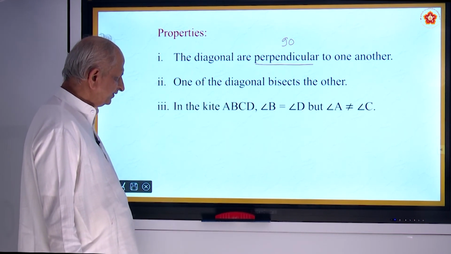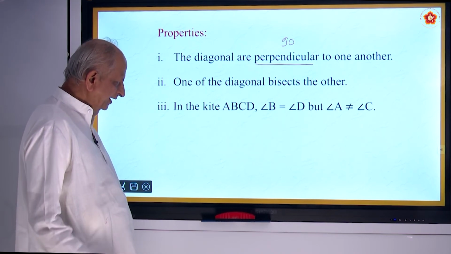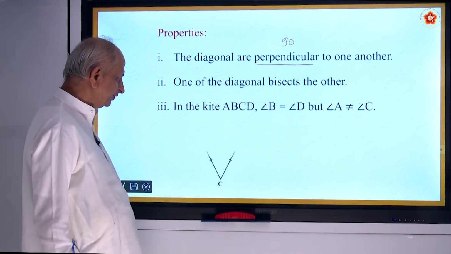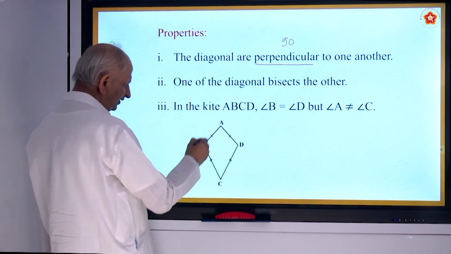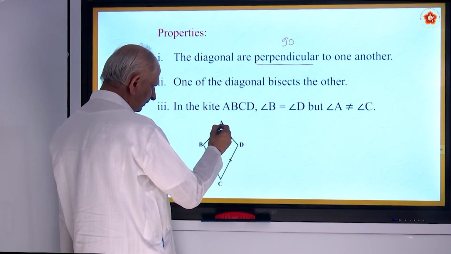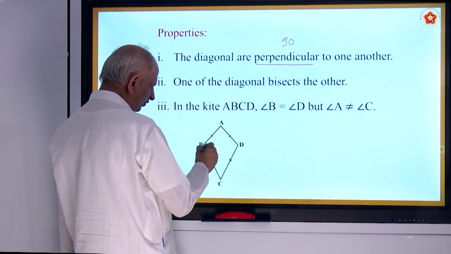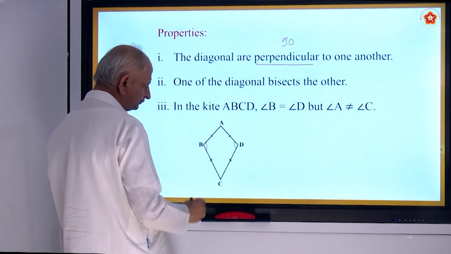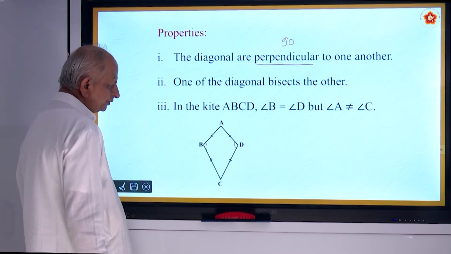In the kite ABCD, angle B is equal to angle D, but angle A is not equal to C. See, this is the kite. In this ABCD, the two diagonals will be perpendicular. Here angle B is equal to angle D, but A and C are not equal.